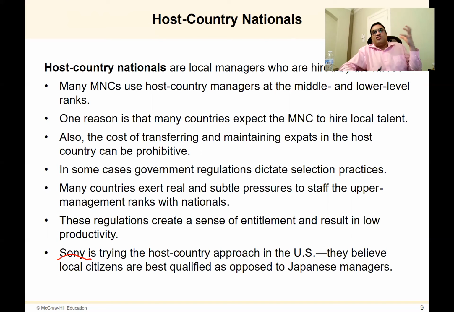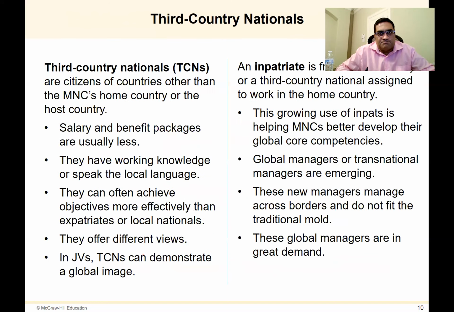Japan is the home country and the host country is the US. So they're sending people from the host country, which is the US in this case, to Japan, because they realize that it's important to understand both sides of the equation to be successful. And later on, we'll look at different types of approaches by the company too.